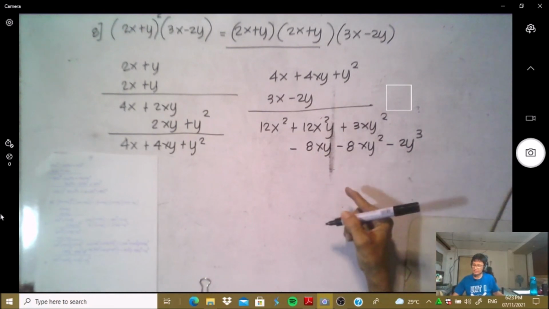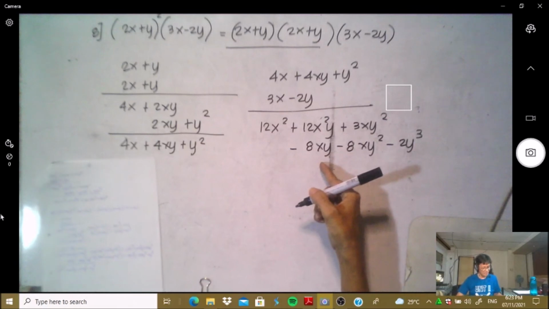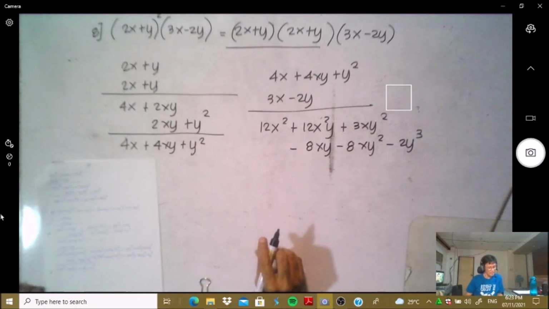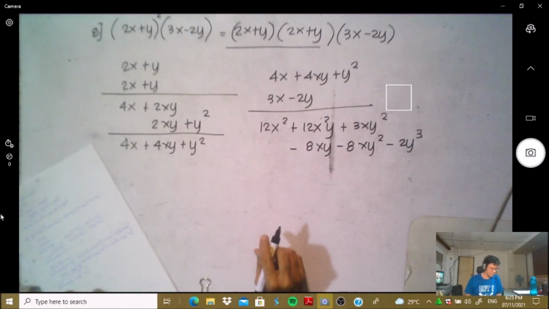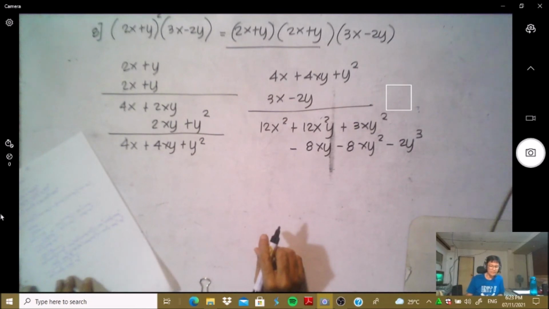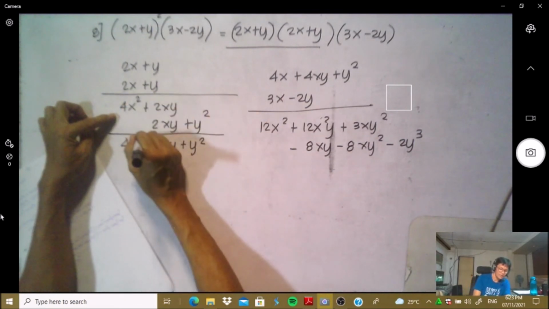Okay, but the problem is this is not the same, so let me review this. So we have 2x times 3x plus minus 2y. This should be 4x squared.